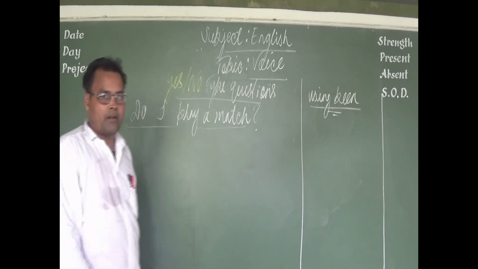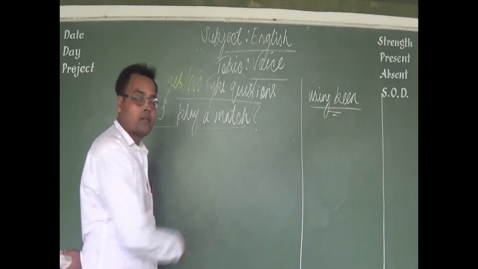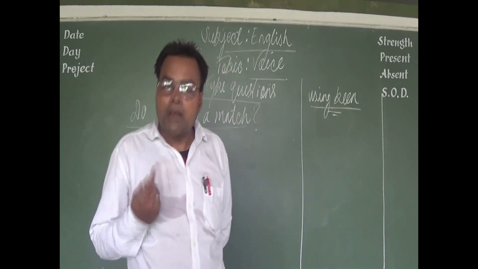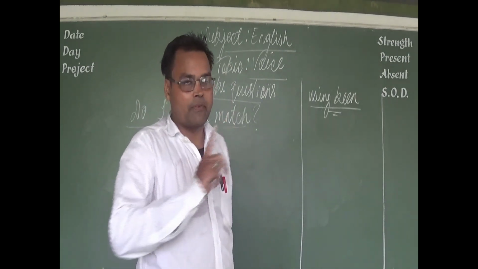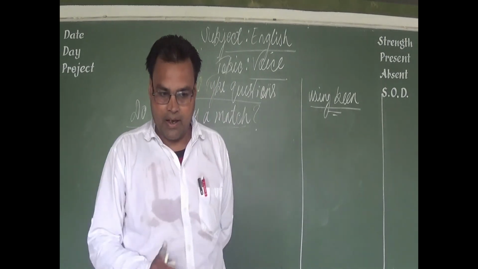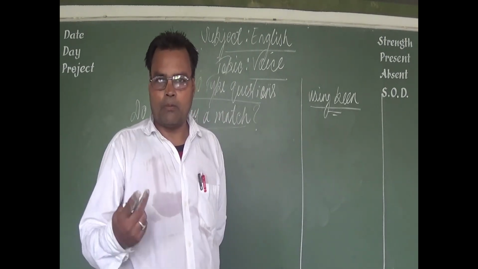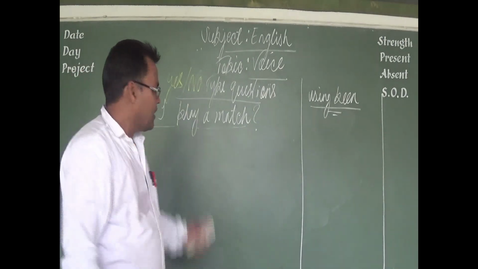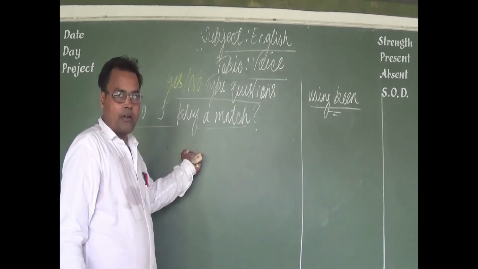And what will the answer be? Yes, I play a match. No, I don't play a match. It means answers always come as either yes or no. So what you have to do? What is the first step while converting a yes no type question into passive voice?